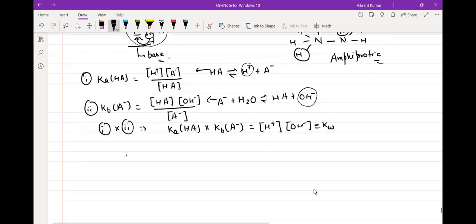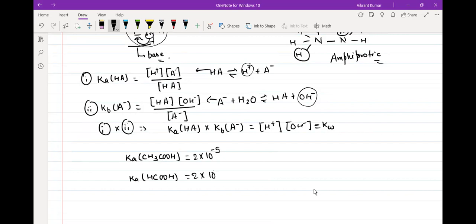If I give you Ka of CH3COOH is 2 into 10 raised to minus 5 and Ka of HCOOH is 2 into 10 raised to minus 4.